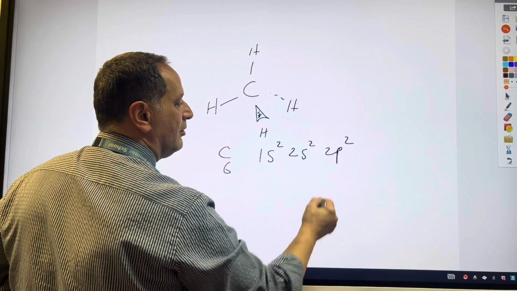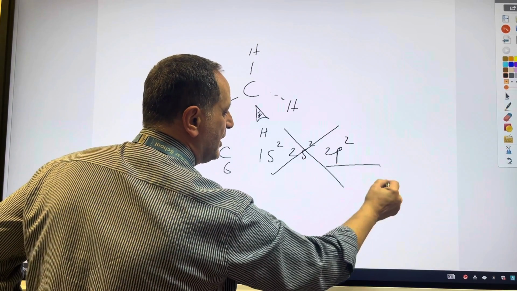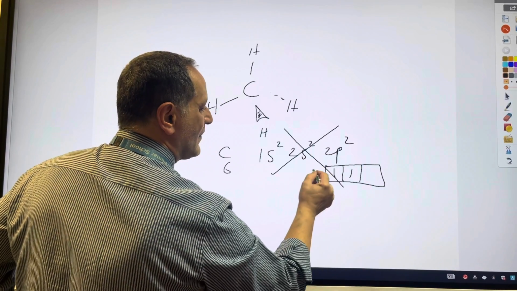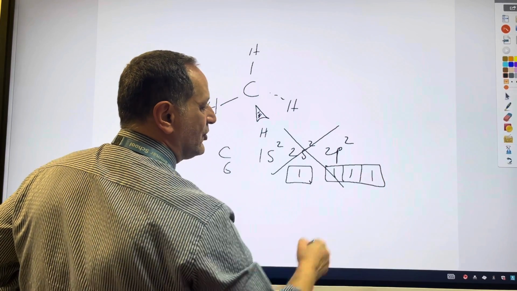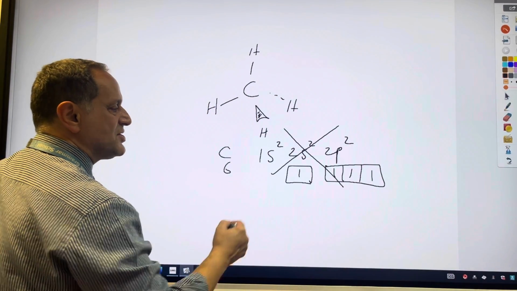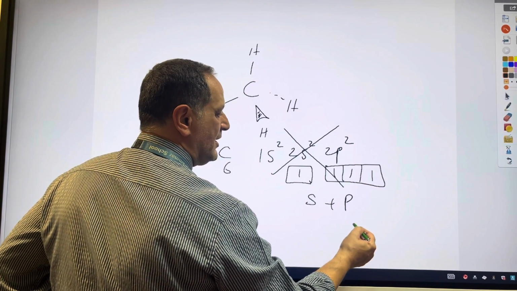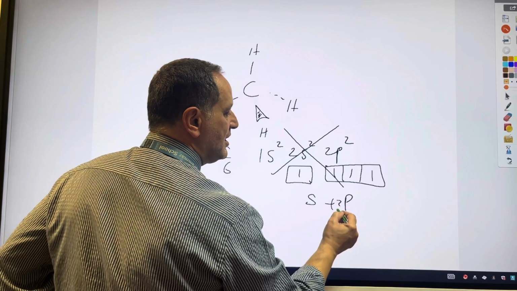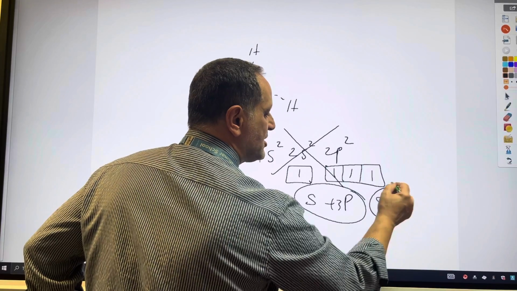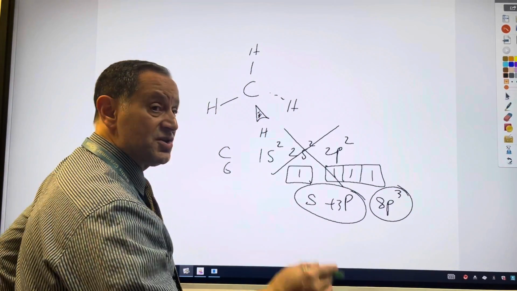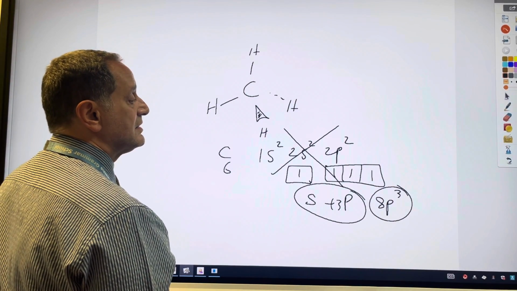Well, it certainly isn't that, because one of the 2s electrons migrates into the 2p, and the whole thing becomes 2s1 and 2p3. This is when the s and the p orbitals mix up. As a consequence of 1s and 3p orbitals mixing up, we have what is known as sp3 hybridization, which is not, incidentally, in your syllabus; it is slightly more degree-level stuff, right?